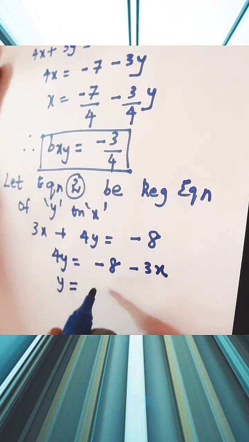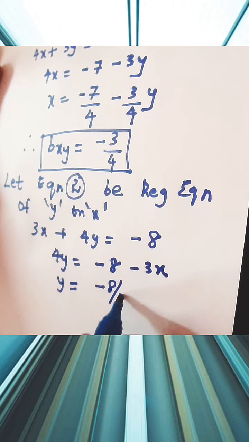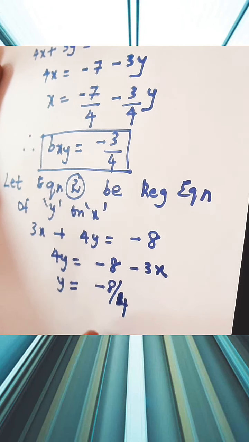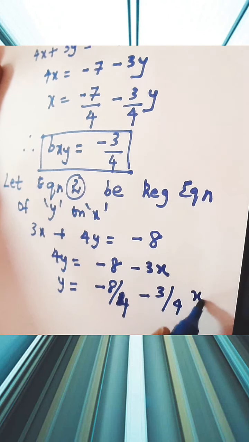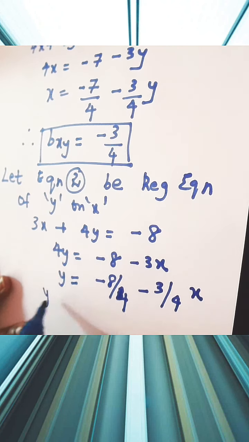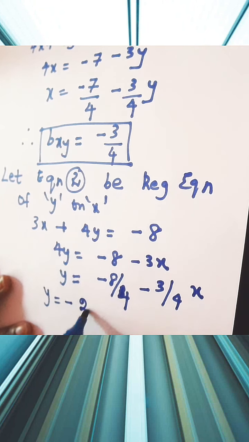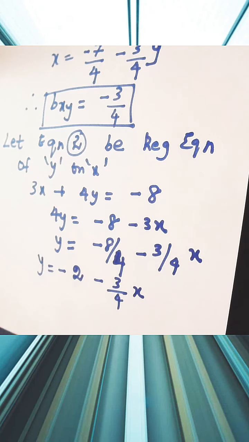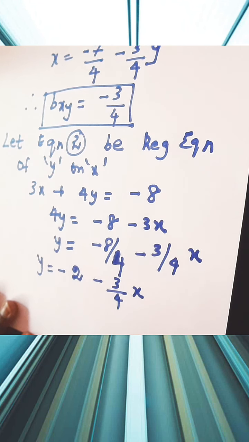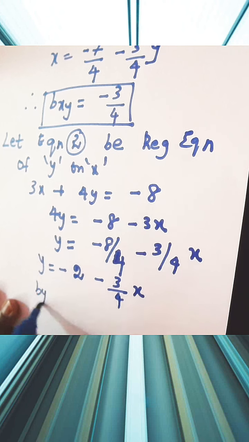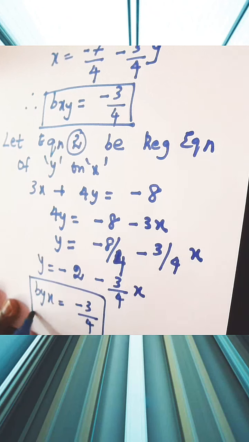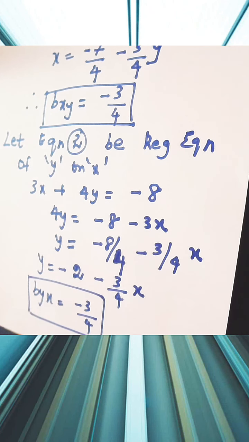What will be y? 4 is in multiplication; when it comes to the other side, division. Minus 8 by 4 minus 3 by 4 into x. Alright. So y is equal to minus 8 by 4, which gives you minus 2, minus 3 by 4 into x. Correct? So what will be your byx? Byx is also negative 3 by 4, the regression coefficient of y on x.